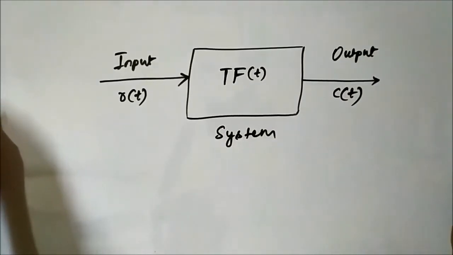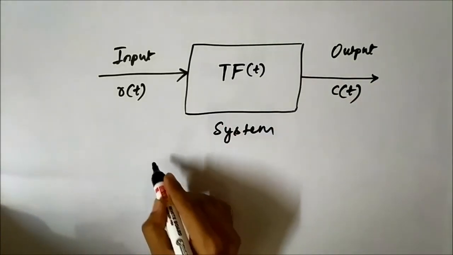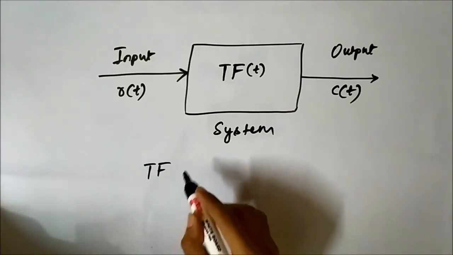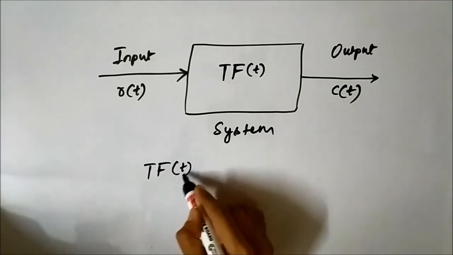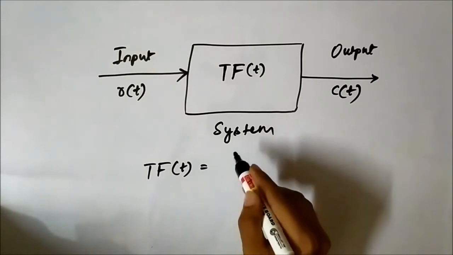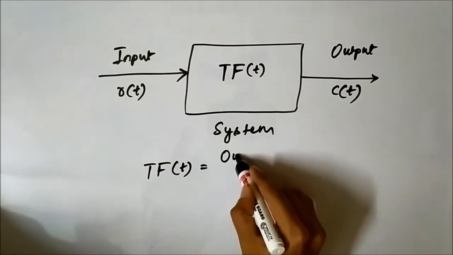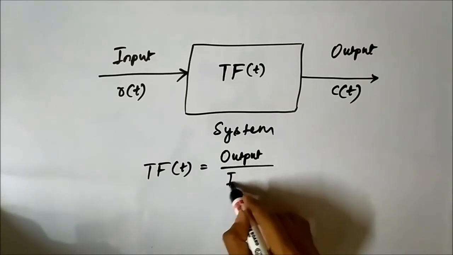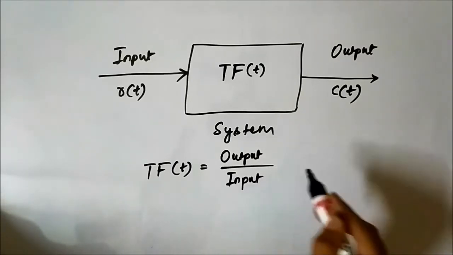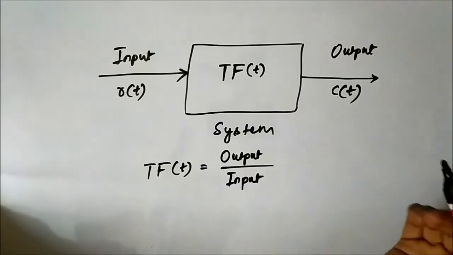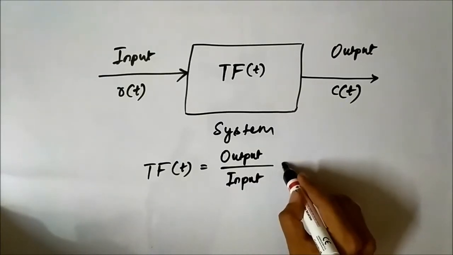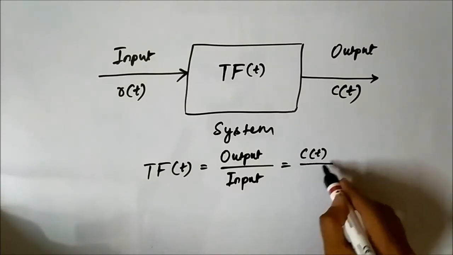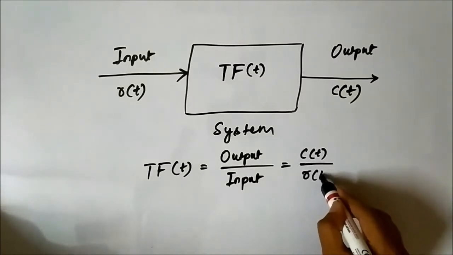So the gain of the system, this transfer function, is simply the ratio between output and input. We know gain is the ratio between the output and the input, which is equal to c(t) by r(t).